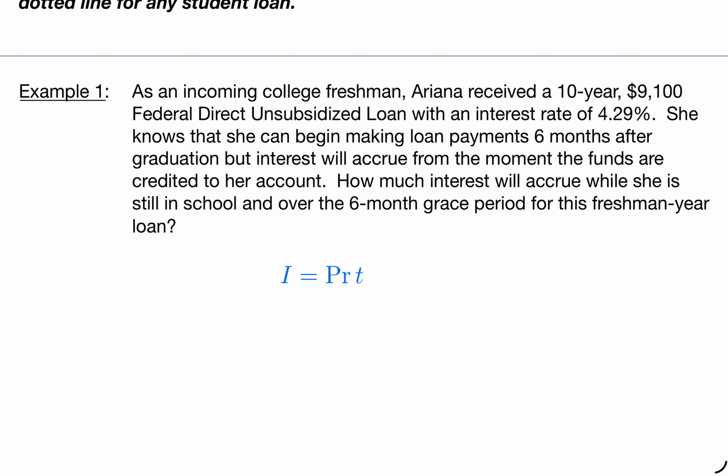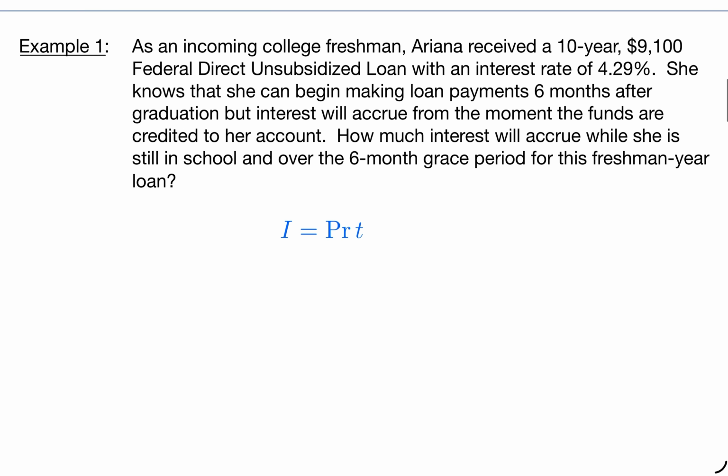She knows that she can begin making loan payments 6 months after graduation, but interest will accrue from the moment the funds are credited to her account. So that's one of the drawbacks to an unsubsidized loan: interest starts to accrue on day one. The question here is, how much interest will accrue while she's still in school and over the 6-month grace period for this freshman year loan?